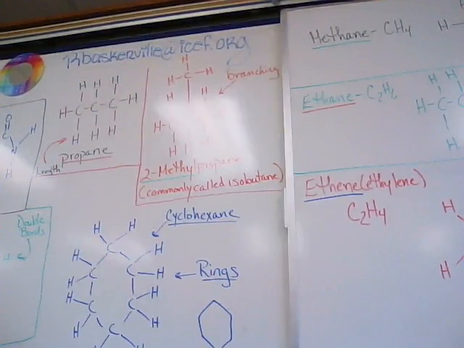Compare, for example, the 5-carbon compounds. Both have the molecular formula C5H12, but they differ in the covalent arrangement of their carbon skeletons. The skeleton is straight in one compound, but branched in the other.